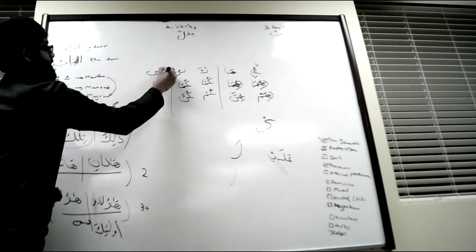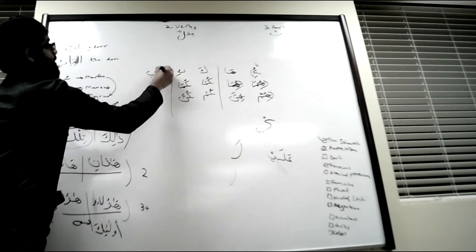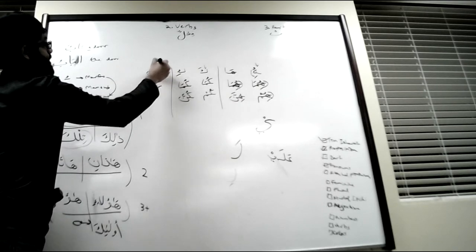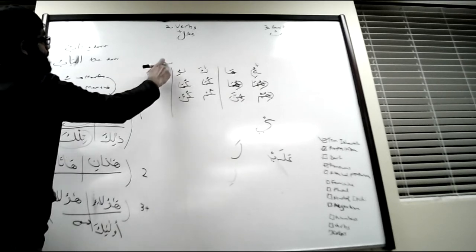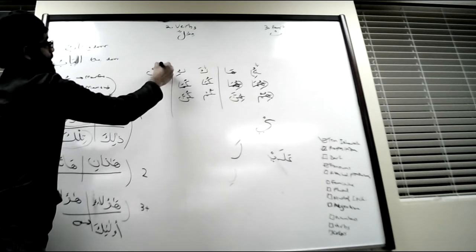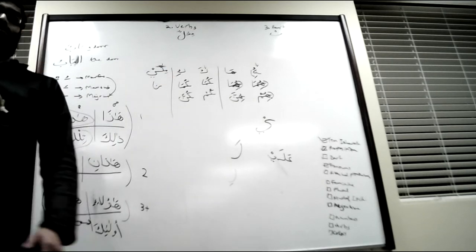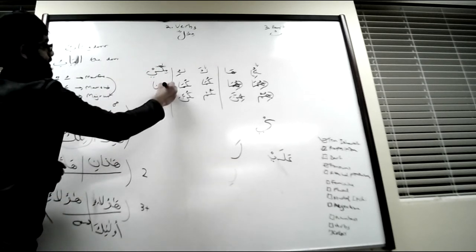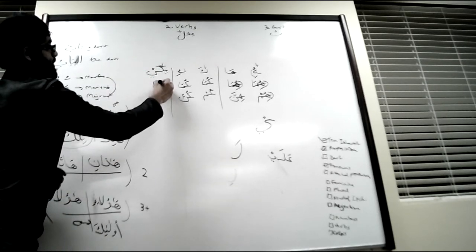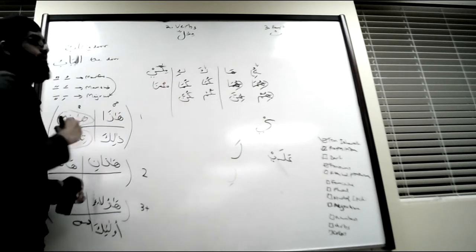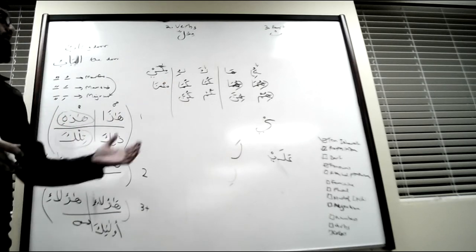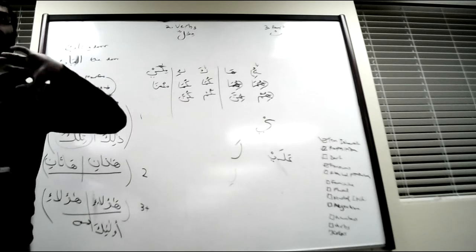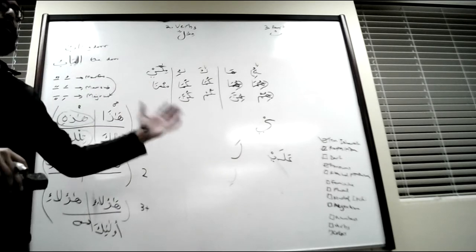So you attach the min, but there's a sukoon here and a sukoon here. So what happens is that the noon gets the sukoon and the kasra. Minni. Minna again. So there are two noons. So minna. Okay.